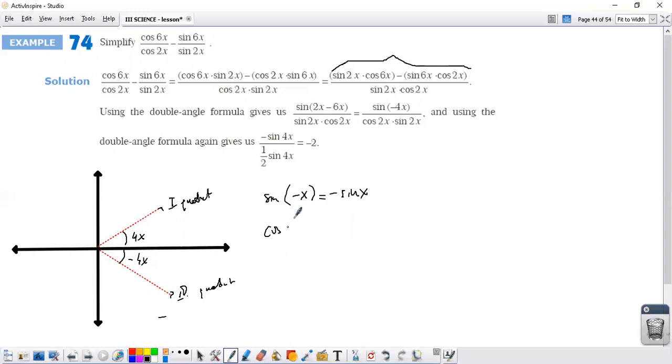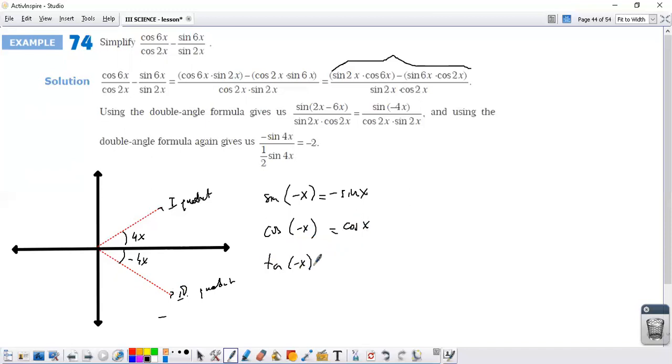What about cosine? Cosine minus x, when we compare with the first and the last quadrant, so minus x will be in the fourth quadrant, and in the fourth quadrant cosine is positive, so for the symmetry formula of cosine, it will give us positive cosine x.